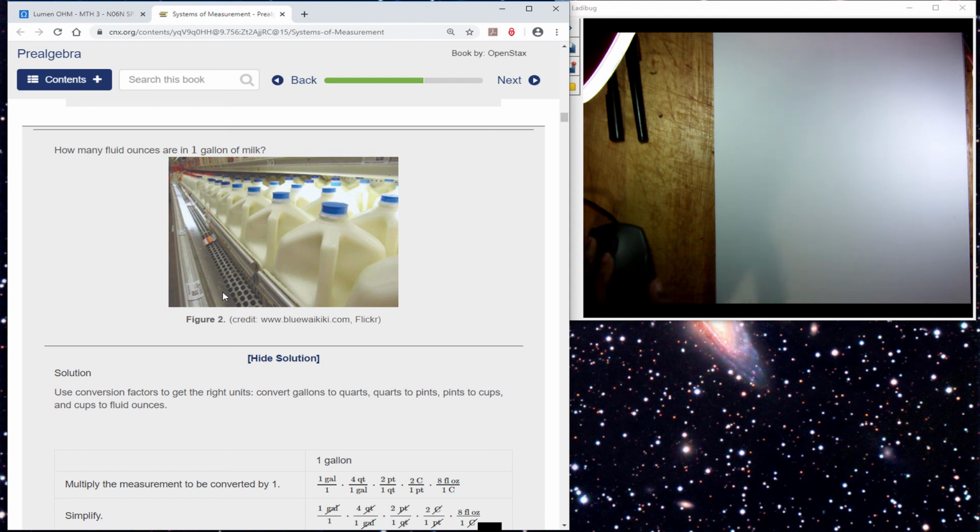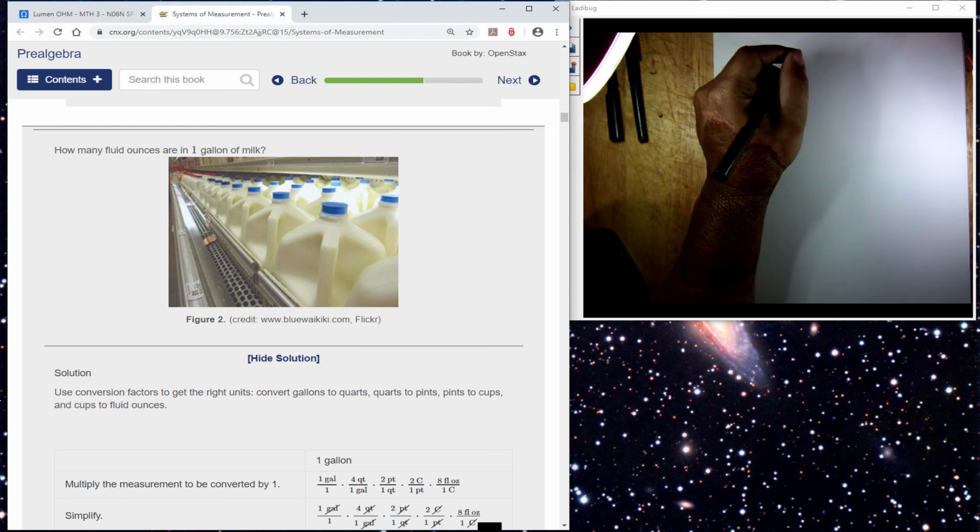This particular problem asks the question, how many ounces are there in 1 gallon of milk? So when we do that, we have to daisy chain some things together.